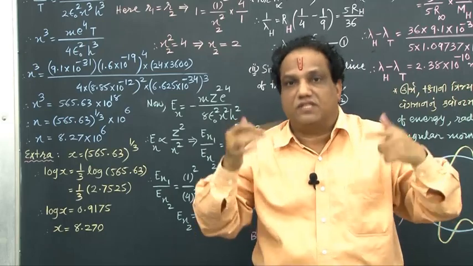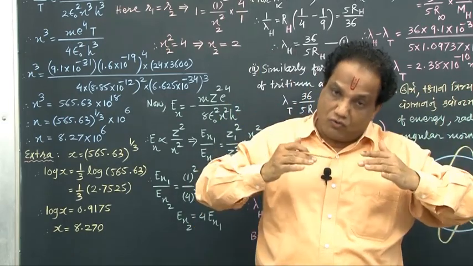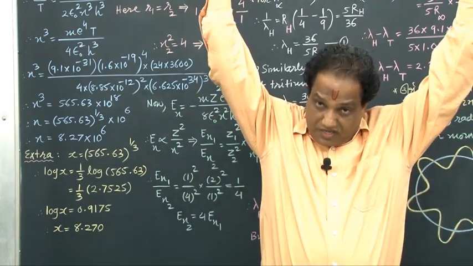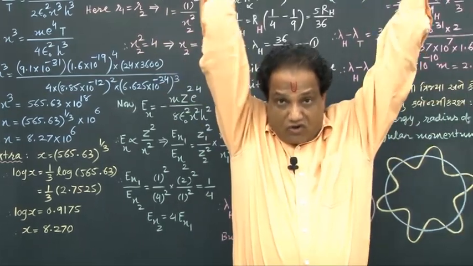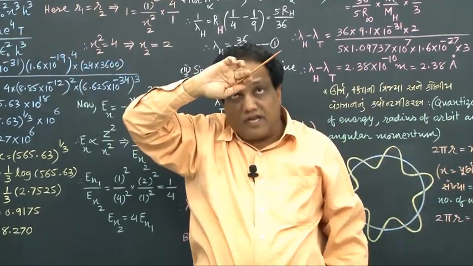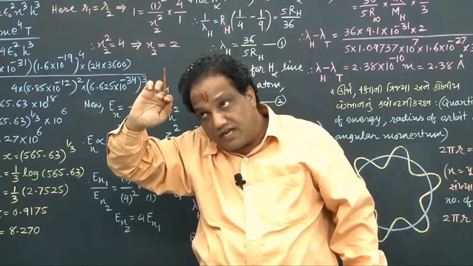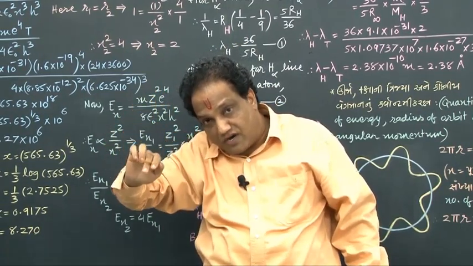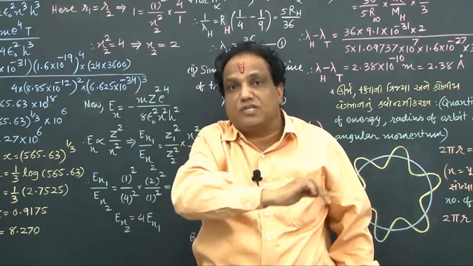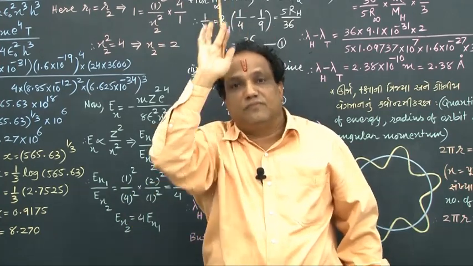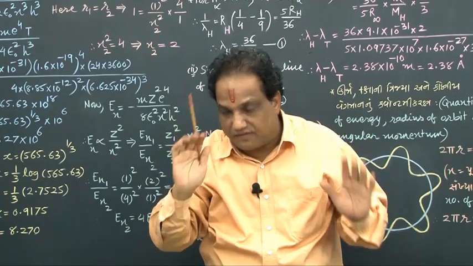Now if you move this much away from the nucleus, then in that orbit it will so happen that electron is revolving that slowly, such that it takes 24 hours to finish one circulation. This is the meaning. Okay, fine.